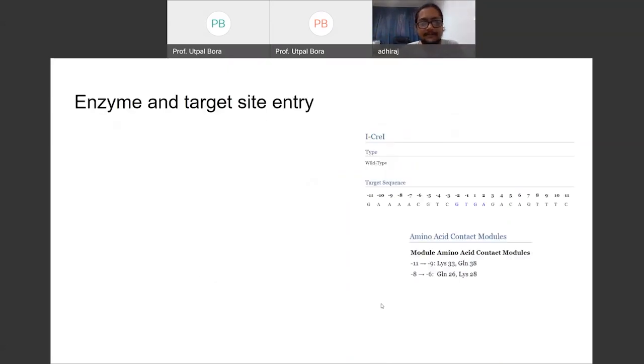Okay, let's start with the first one, enzyme entry and target site. As you can see, the CreI gene over here. They have a collection of genes; I'm just showing one of them. So this is the target sequence for CreI, right? And in blue, as you can see, GTGA. This is the central four. As I was saying, every homing endonuclease has this central four recognition site, and from there will be a right hand side and a left hand side.